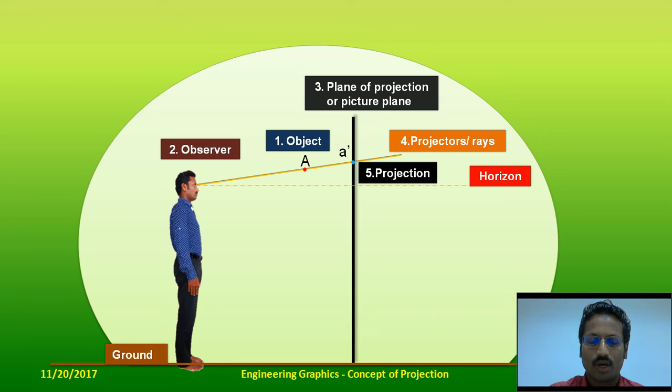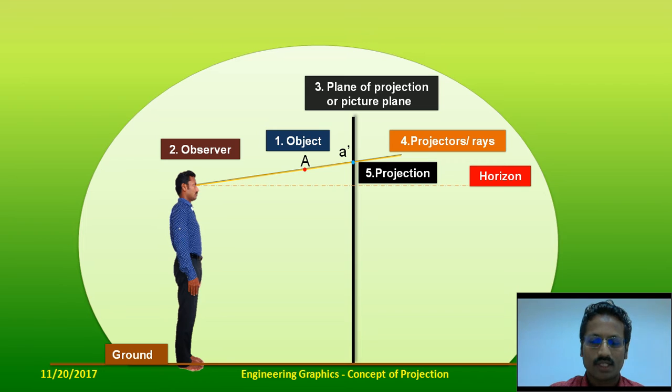That is, the object is labeled as a capital A and its image on the plane of projection as seen by an observer is marked as A dash. So A dash is nothing but the projection of an object, capital A, on the plane of projection as seen by an observer who is going to stand at a finite distance from the plane of projection as well as the object.